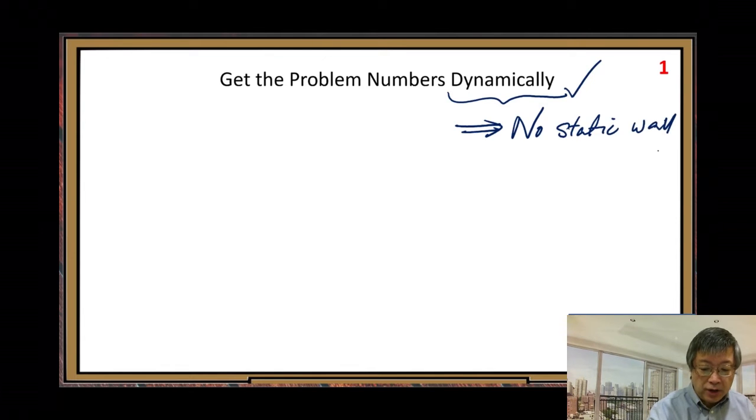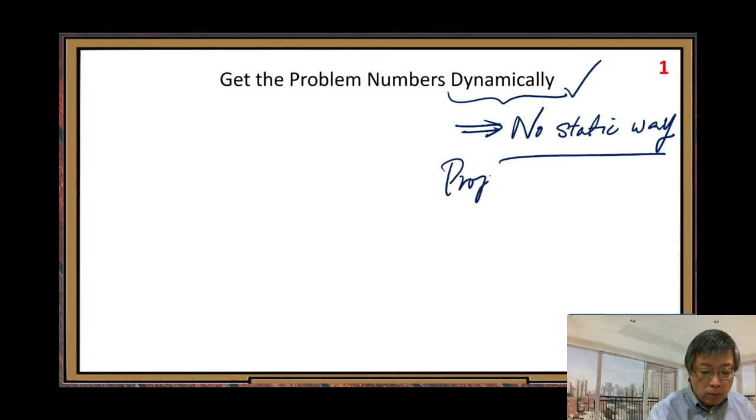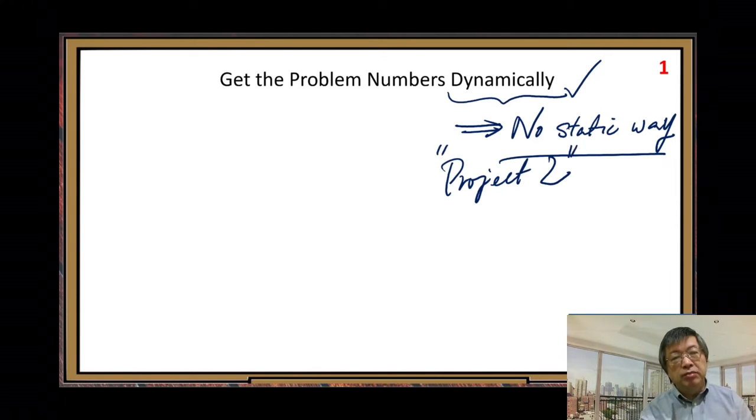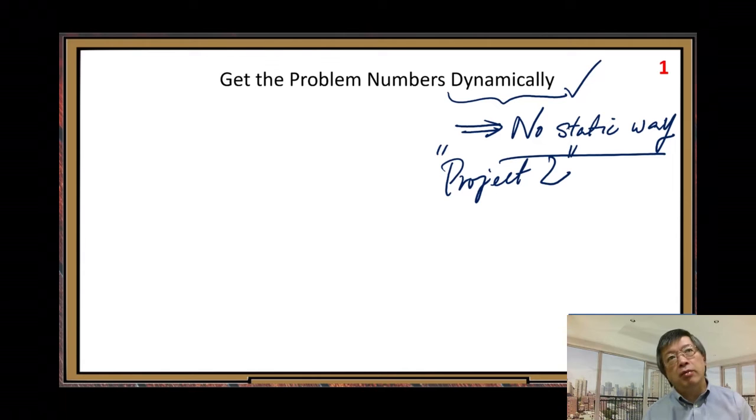So here I do not explain too much, because there is another important reason in our project number 2. Project 2, there is an early version of the description. You will see we need to add new questions in the table.